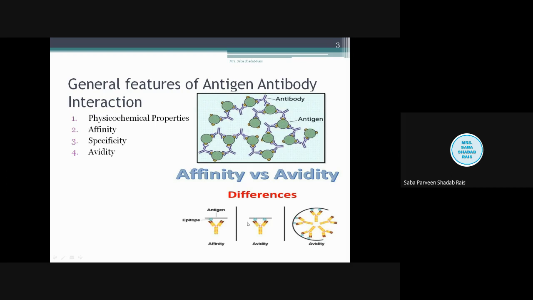Avidity is when one antigen is bound on multiple paratopic regions. The avidity of an antigen-antibody reaction totally depends on the valences of both the antigenic side and the antibody side. Their binding is the sum total of individual affinities.